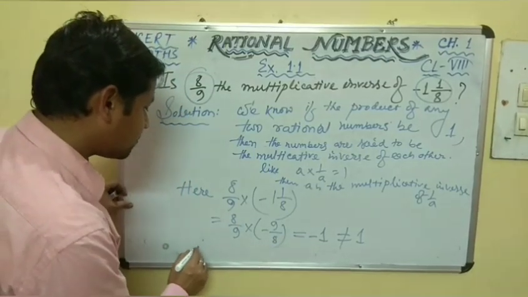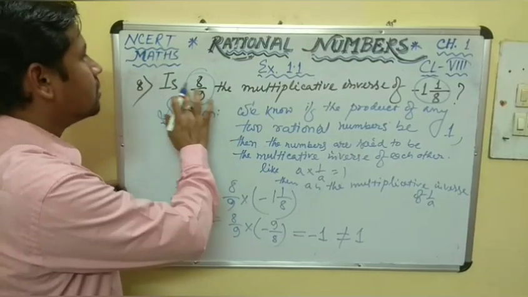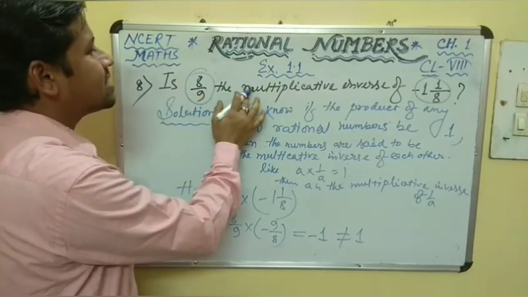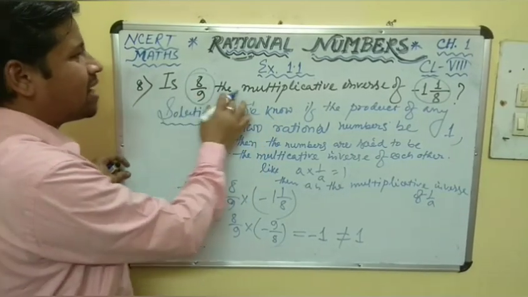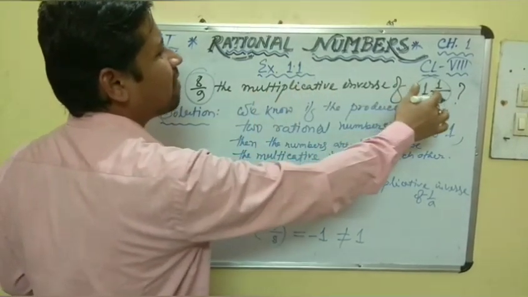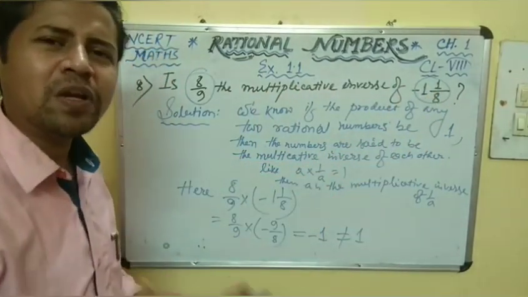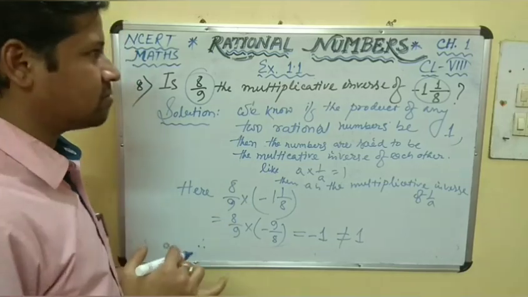Therefore 8 by 9 is not the multiplicative inverse of minus 1 complete 1 by 8.